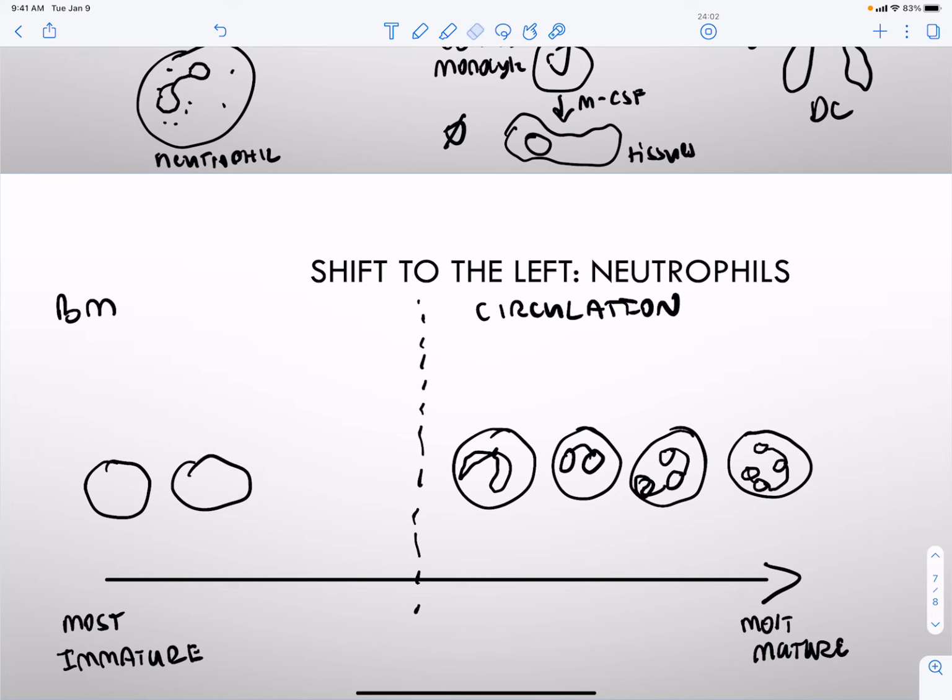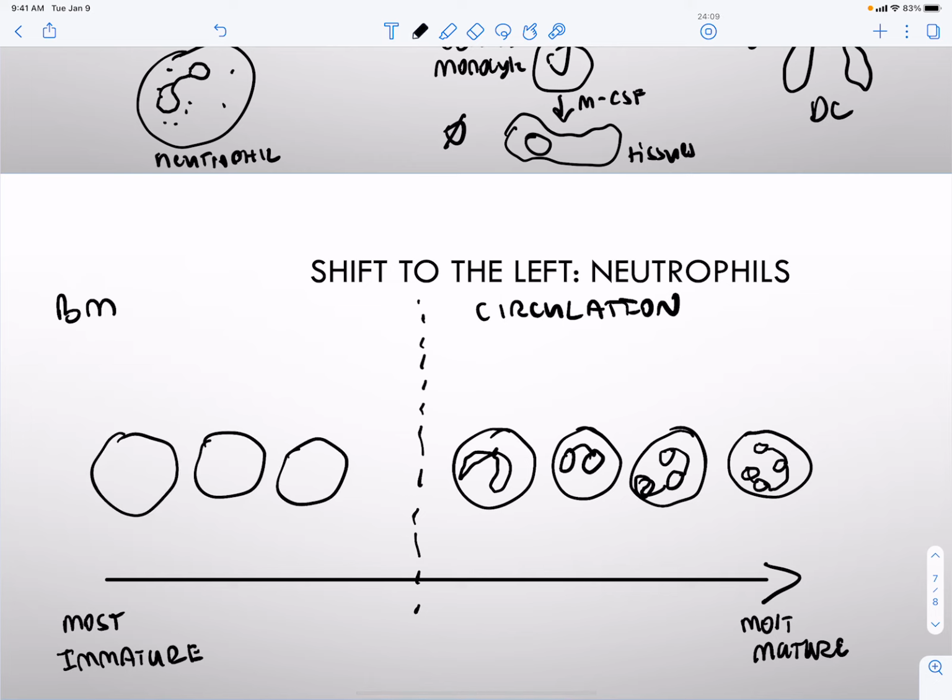Don't worry about the size, that doesn't do anything. So your most immature has this giant nucleus. Doesn't even look like a neutrophil, just has a very large nucleus, and that's a myeloid blast. So it's blasting. Blasting just simply means it's replicating.